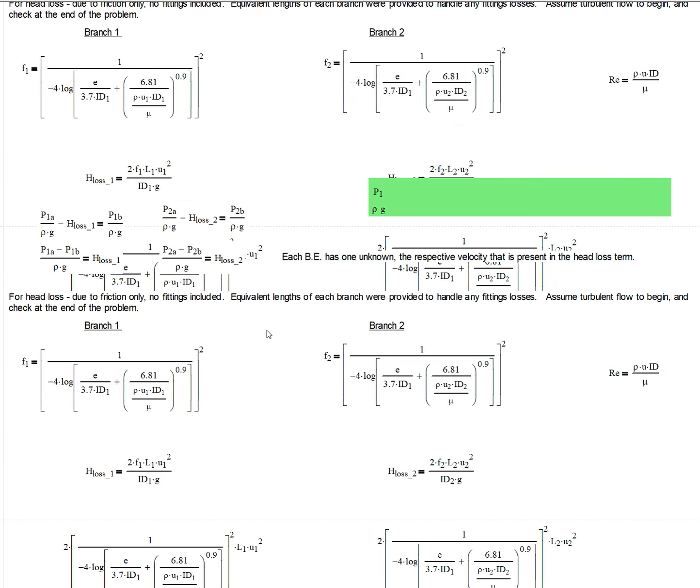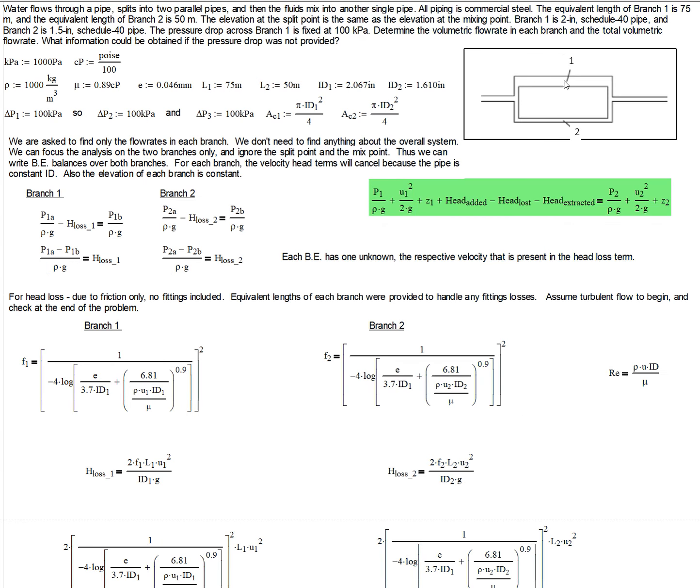Does that make sense? Well, we've got a larger inner diameter for branch 1, and so we would think that the velocity would probably be a little bit smaller. But then you look at the fact that branch 1 is a length of 75 meters and branch 2 is 50 meters.